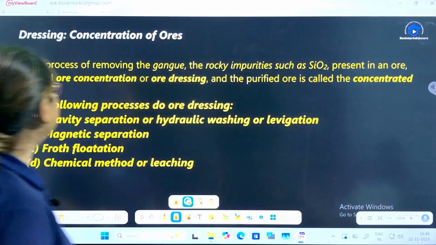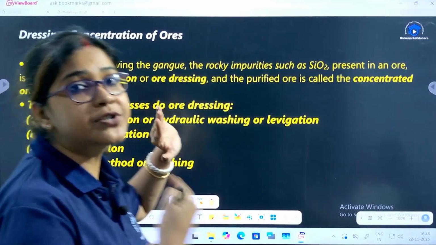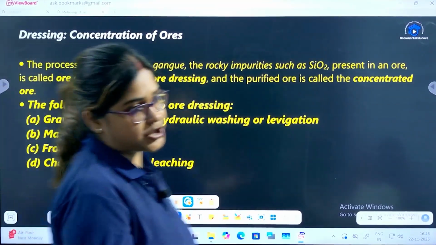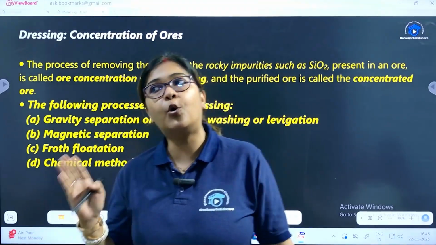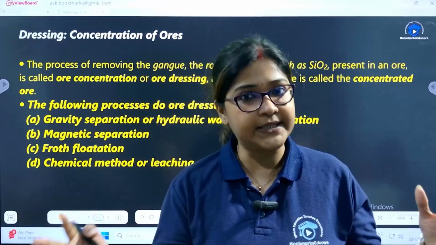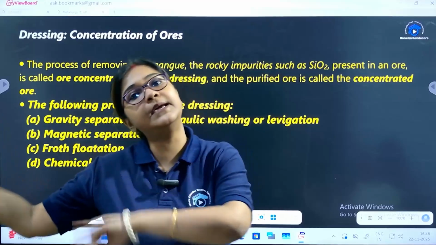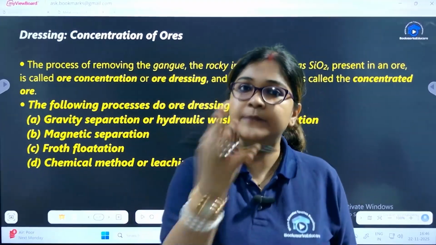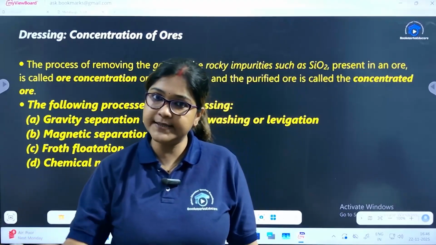Now step 2 is the dressing or concentration of the ore. Dressing or concentration means what? I said that ore is metal and it has certain earthly impurities, that is the gangue. So you have to separate the ore from these impurities.